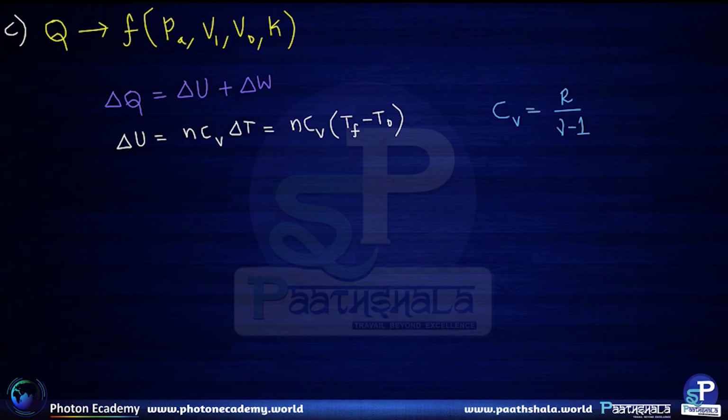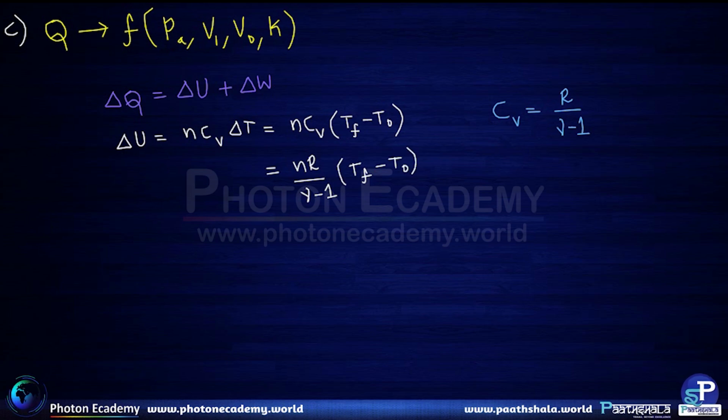Substituting this, we can write the value of change in internal energy to be nR by gamma minus 1 into (Tf minus T naught), which will be equal to 1 by gamma minus 1 into (nRTf minus nRT naught).